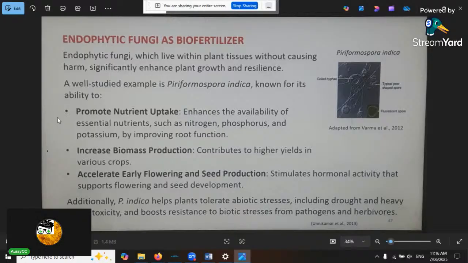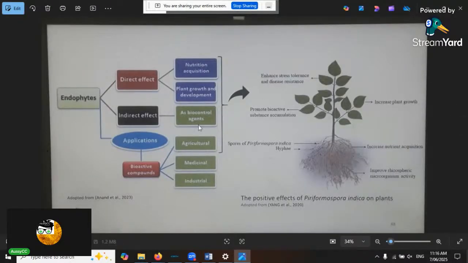Like Piriformospora indica is an example. Most endophytes have direct effects, indirect effects usually. They can sit there and do good stuff, or they can have a direct effect by interacting with the plant cells, nutrient systems, and the phytohormones.